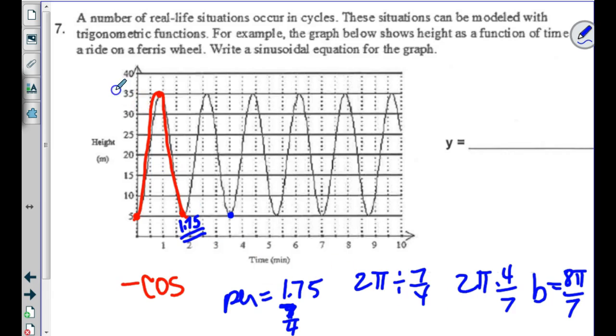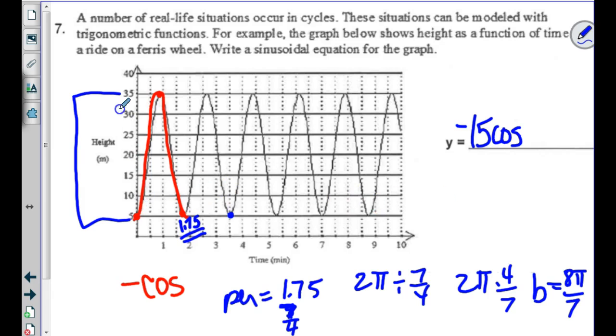All right. How big is the whole thing? From 35 to 5 is, so what does that tell us? The amplitude is not 30. It's half that, or 15. So we have 15, but we're doing a negative cosine.